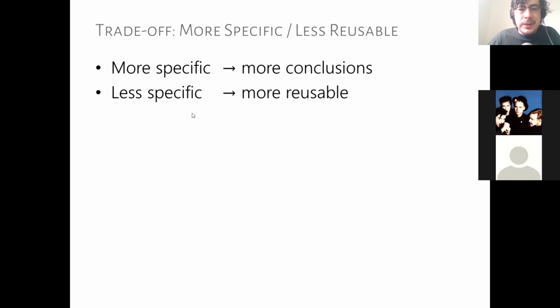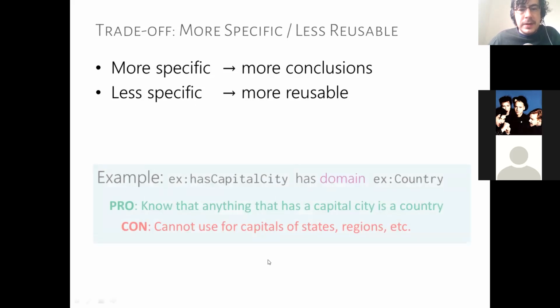So this is a difficult trade-off. On the web, people have tended to be less specific in order to be more reusable. The first goal is just to get people to agree on the same terms, defining only some very well agreed upon semantics. But in certain domains, like for example in medicine, it's more useful to be more specific because you don't need such a broad agreement on the semantics of terms.